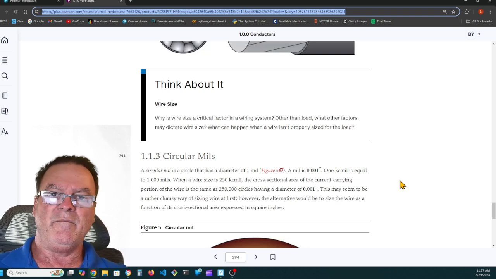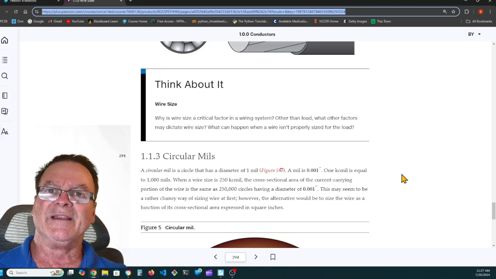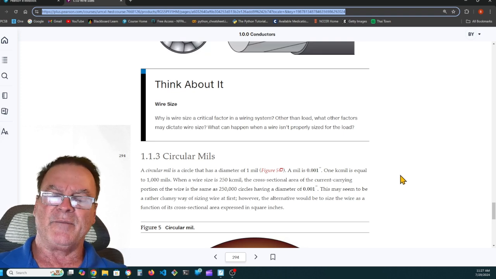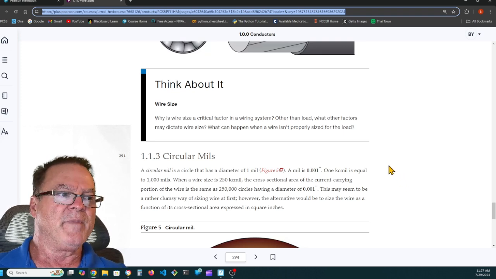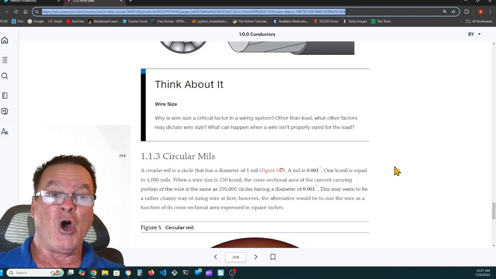So we make sure that there's enough air around the wire to allow it to dissipate heat. We also make sure that we limit the amount of current on a conductor to limit the amount of heat that it produces. We want to make sure that we use a wire size that is oversized rather than undersized.